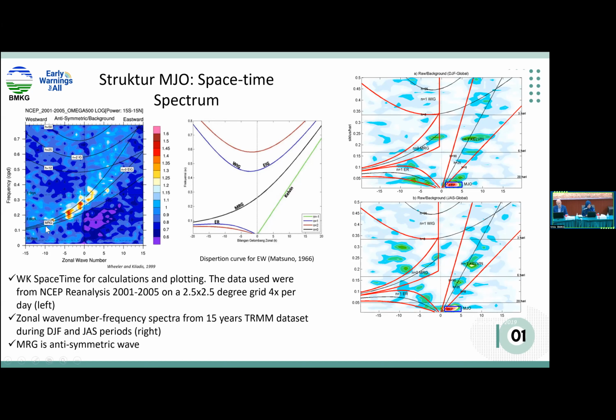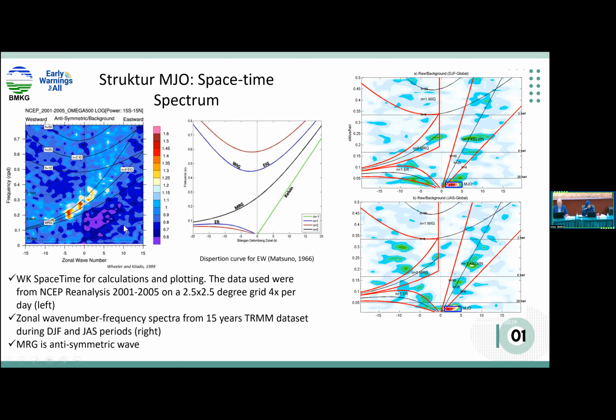I think you already saw it a couple days ago, maybe for the Kelvin, but this is for MRG. We see here that there is a significant signal for MRG in the equatorial region. And this image is obtained by the method from Wheeler and Kiladis for space-time calculation and plotting.